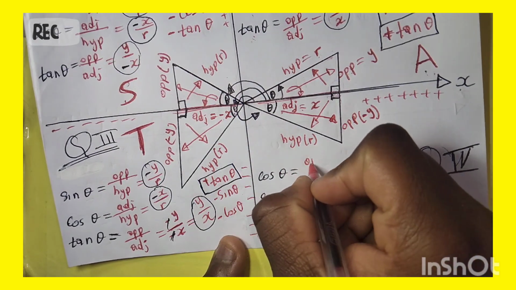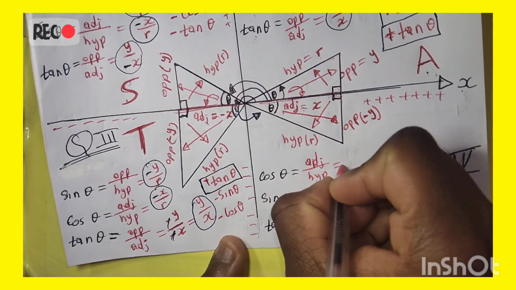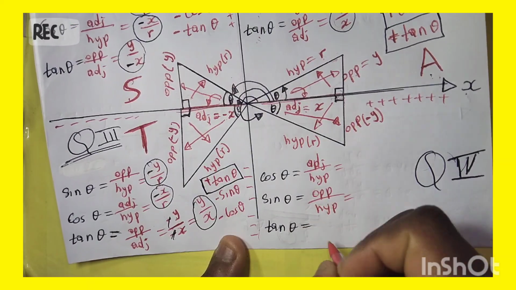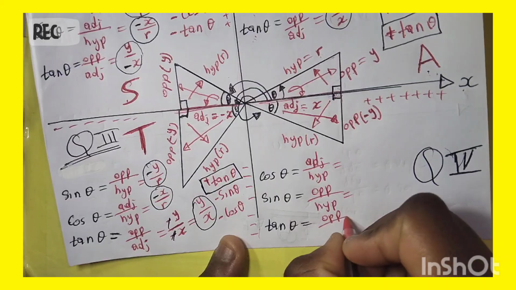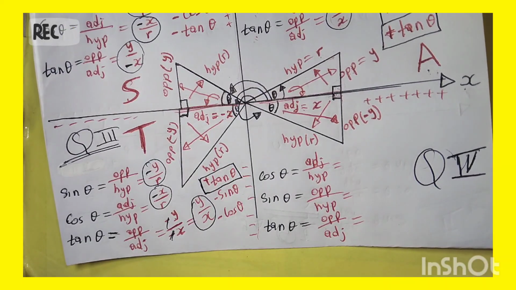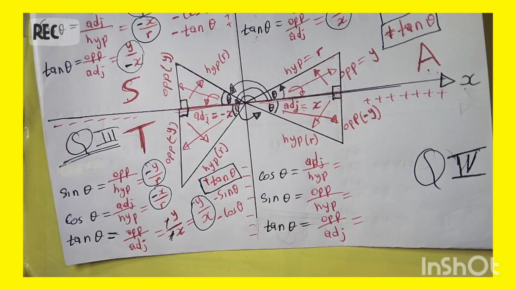Here it's adjacent over hypotenuse. This one is opposite over hypotenuse, and this one is opposite over adjacent. Don't forget, guys, this is so important in trigonometry.